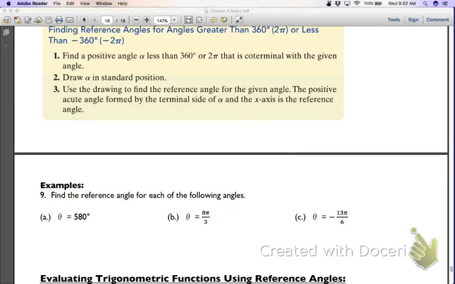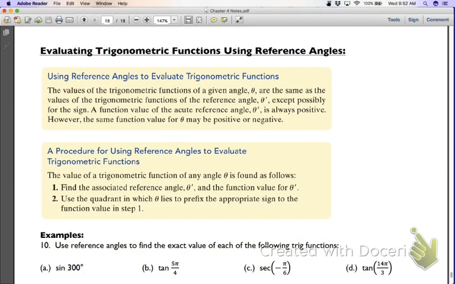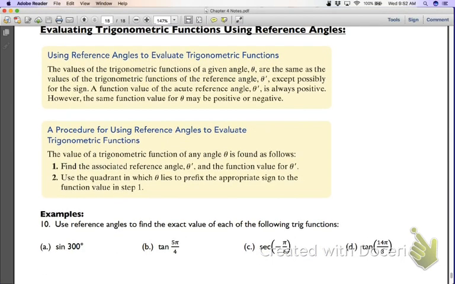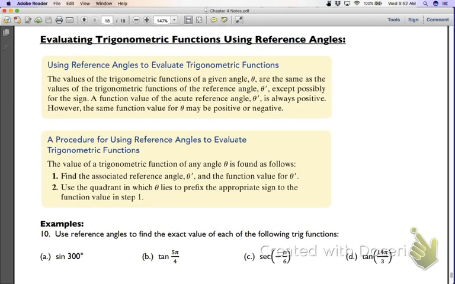Last thing. So it says evaluating trig functions using reference angles. Okay. So basically what you're doing, this is kind of where we're at as far as that question of where is all this going to fit in? Well, what it's going to do, it's going to give you your actual value.